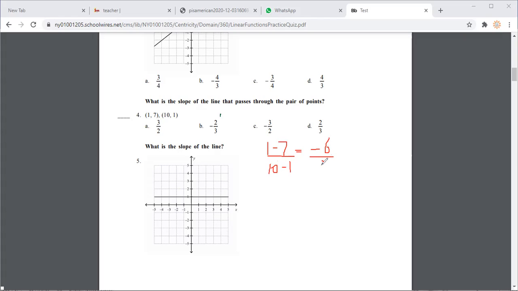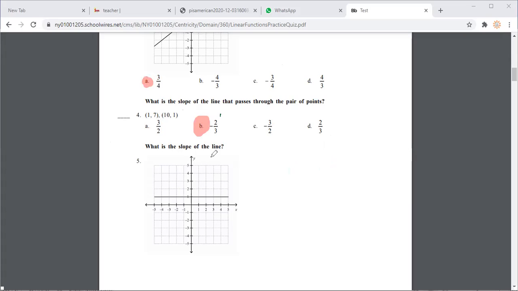Negative 6 over 9, in simplest form, is negative 2 over 3, which means which choice? B. Yes, so we choose B as the right answer. And for the first one, it was A.